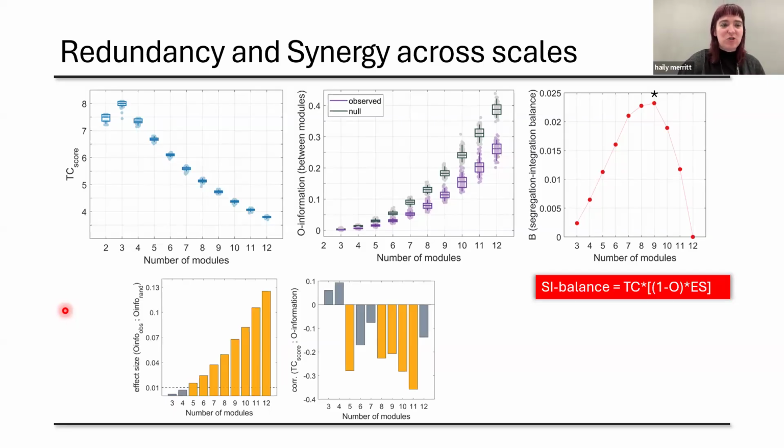And to what extent is this convergence on 7 to 9 modules related to the math of calculating the communities and optimizing the quality functions, or to the number of nodes in your parcellation?